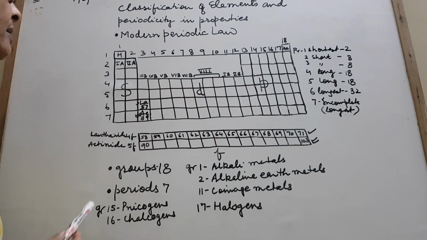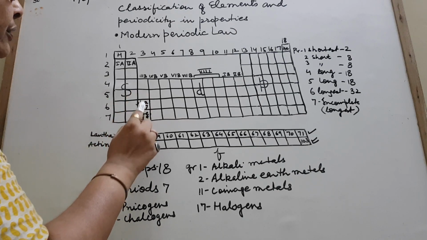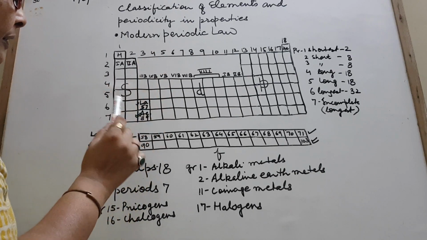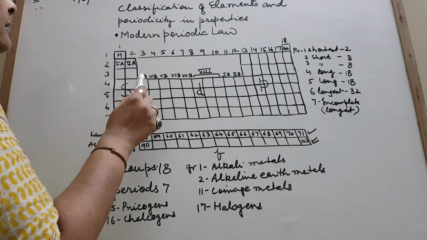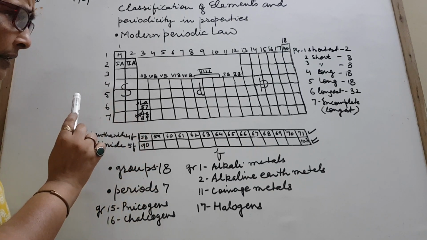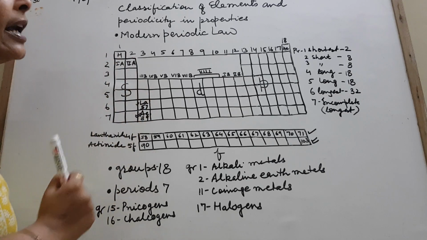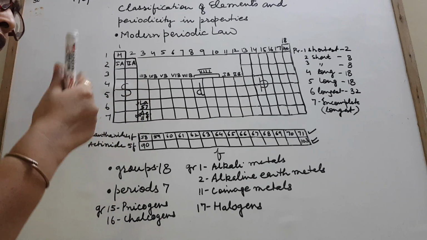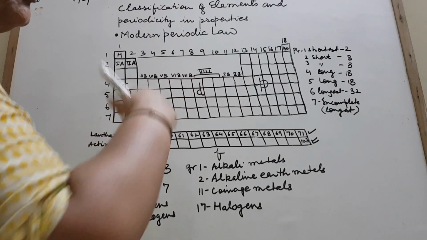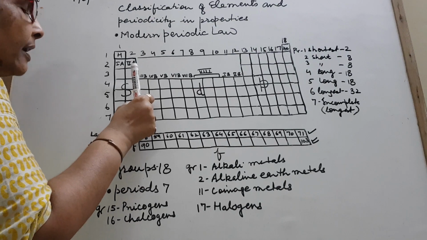Then what happened, children? Here, this is lanthanum 57, which belongs to 3B, or say group 3 according to the modern way of numbering. Old pattern 3B, modern is 3. Here we had lanthanum 57. After this it was found that there were 14 elements, each having an electron in the f subshell, 4f1, 4f2, 4f3, and they were finding place here only.